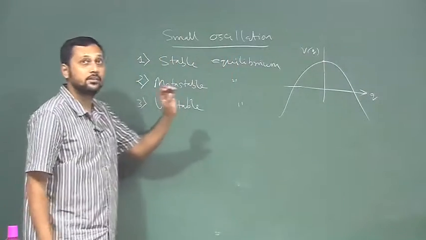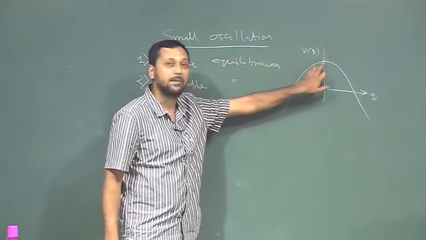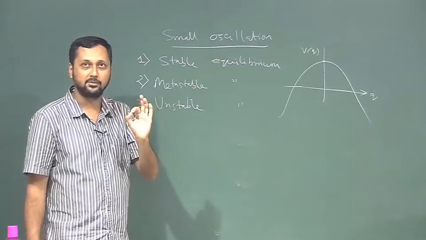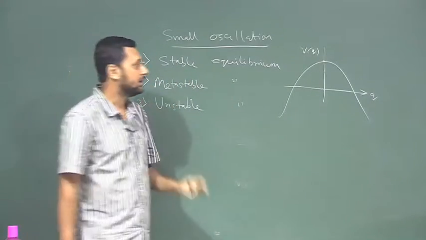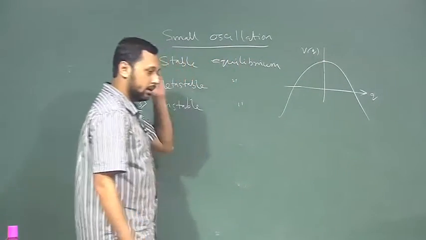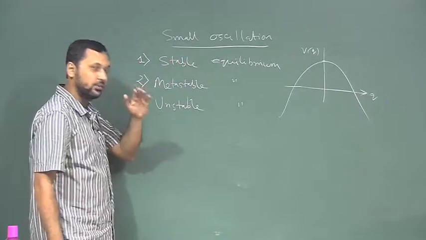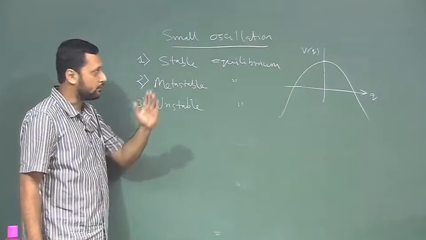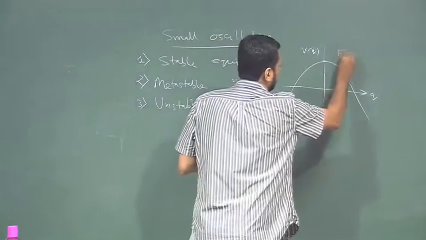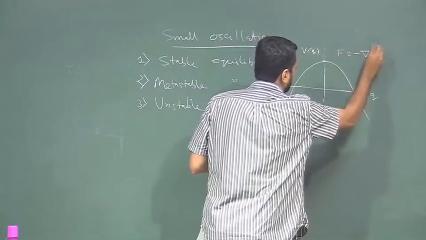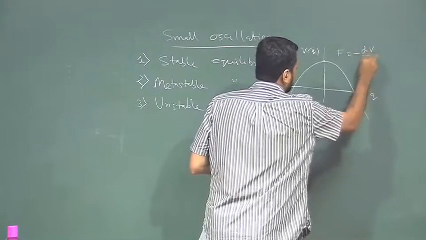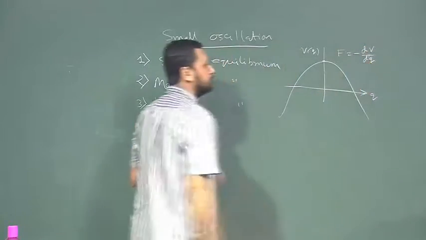Now, if a system of interest stays at the maxima, and if we perturb it slightly from the maximum position, what happens? See, the force is the slope of a potential function at any point, because F, as we know, is given by minus grad. So, in this case there is only one variable, it will be minus dV/dq, negative slope.